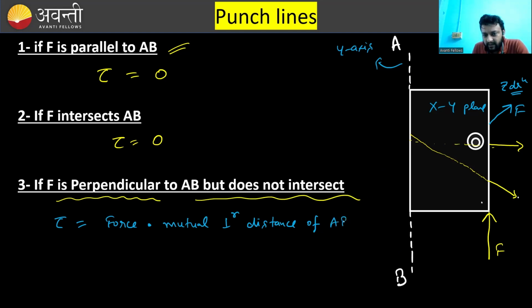So I am just writing AB. AB means the axis of rotation and the line of action.